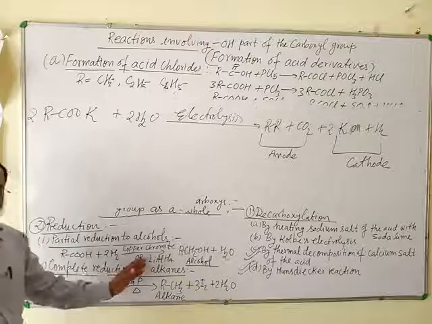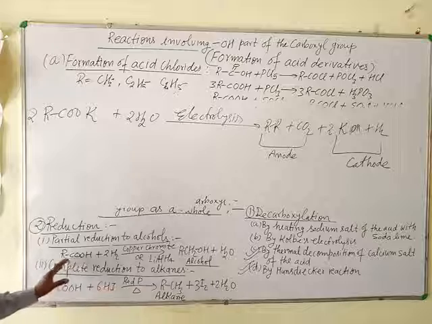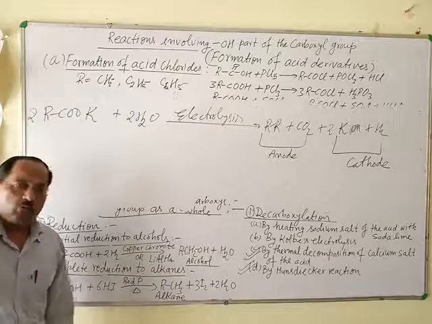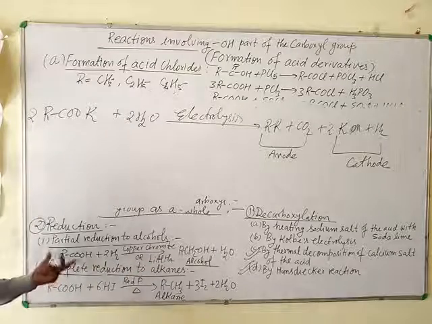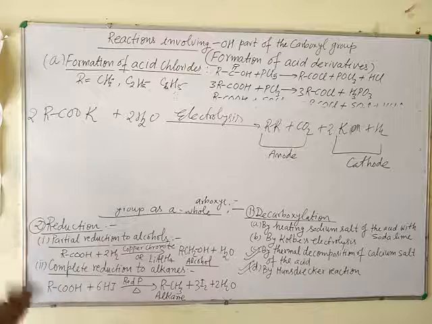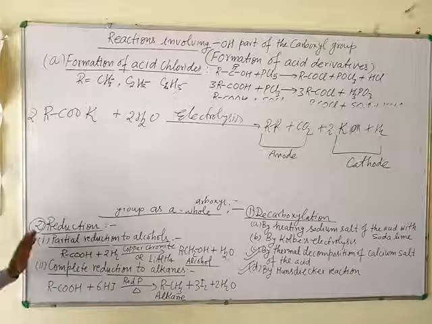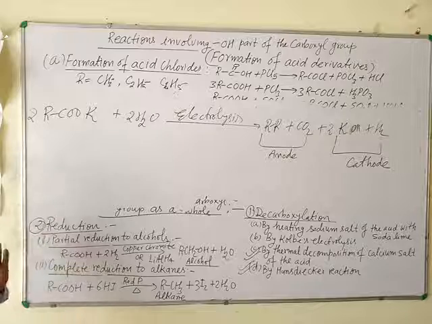These are the reducing agents used to reduce carboxylic acid into the corresponding alcohol. This reduction is called partial reduction because the complete reduction product of the carboxylic acid is alkane.